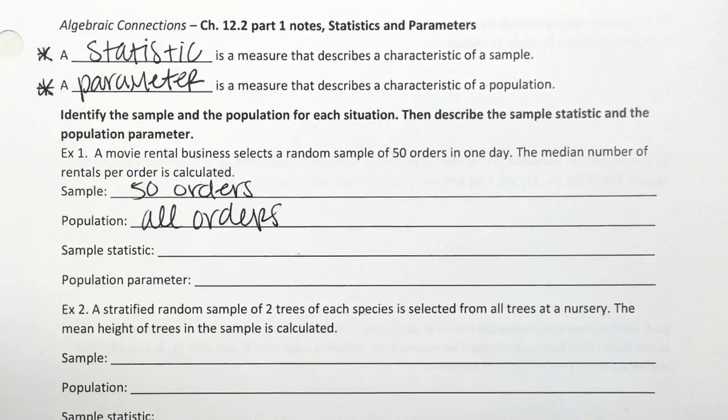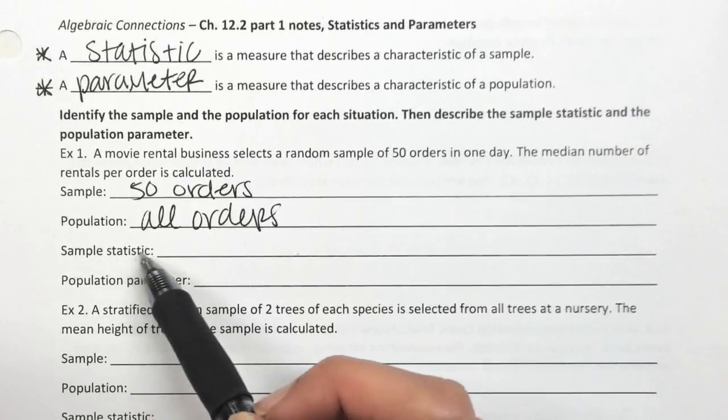Alright, statistic and parameter is talking about measures of central tendency. Do y'all know what those are? There's 3 of them. Mean, median, and mode. Those are called measures of central tendency. So which one are we talking about in this problem? Median. Do y'all know what median is? Middle. Good.